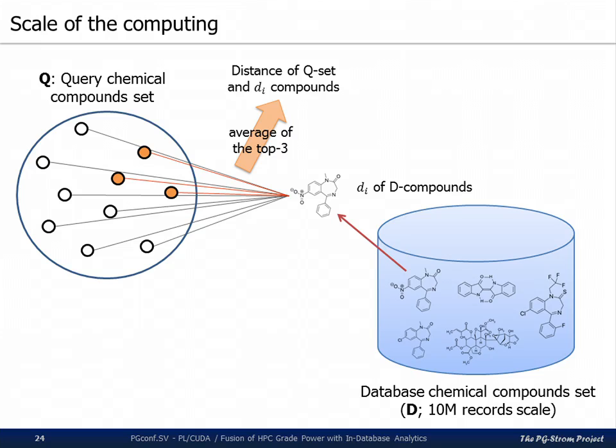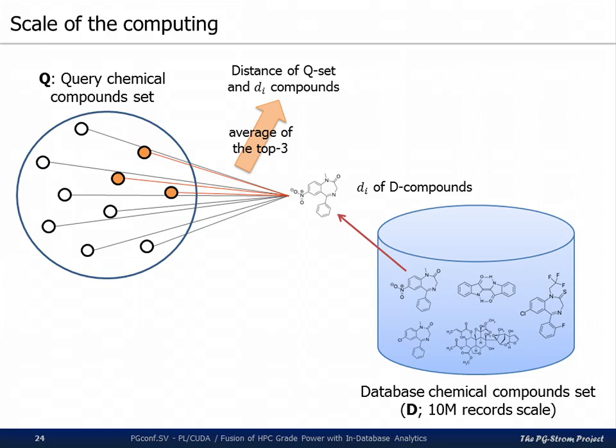Then we sort the distances, then pick up the top three similarities from the result. It is the representative similarity to a particular chemical compound in the database set.